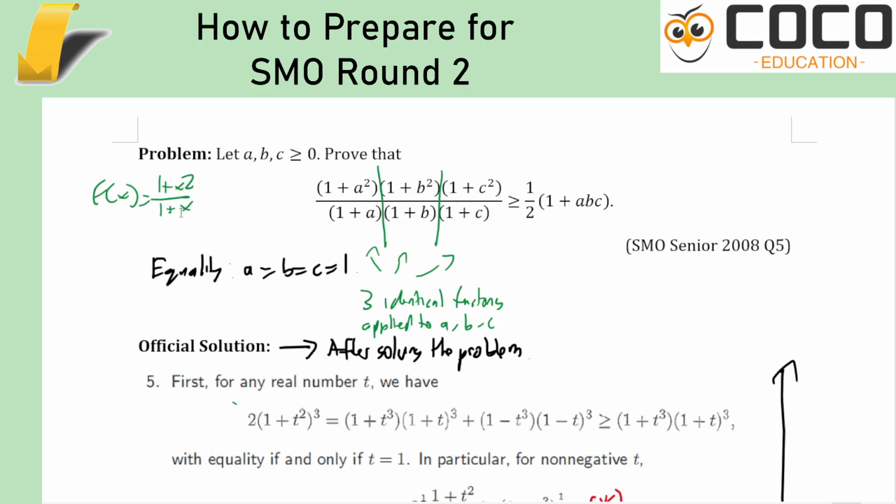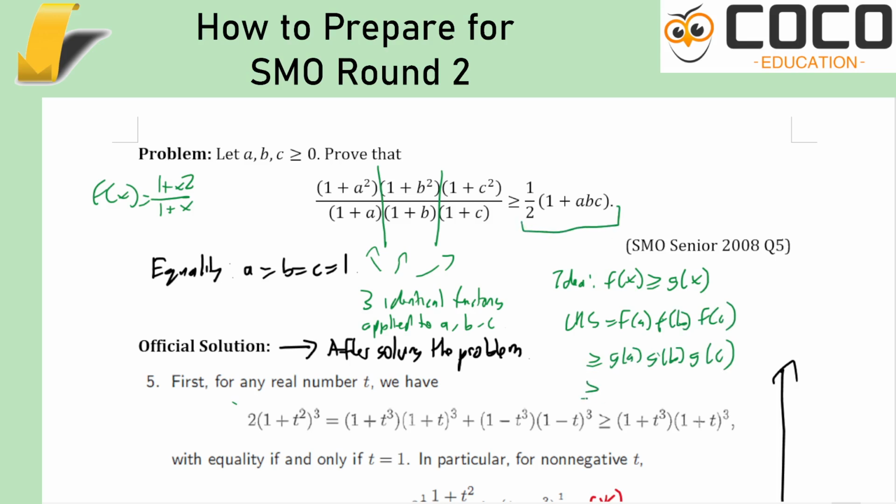Now the fact that it appears 3 times means that you just want to deal with it once, and so the idea that would make sense is that I want to show that the left hand side, which is f(a) f(b) f(c), is going to be bigger than g(a) g(b) g(c) for some other function g, and I would like this other function g to be such that I can compare it to the right hand side.